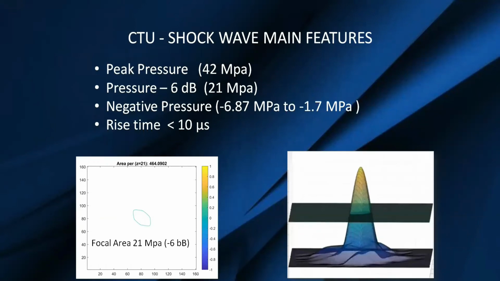The shock waves generated by this machine are normal shock waves that we can classify as medium levels of energy in terms of MPa, of pressures that can be delivered as the peak pressure of the shock waves.